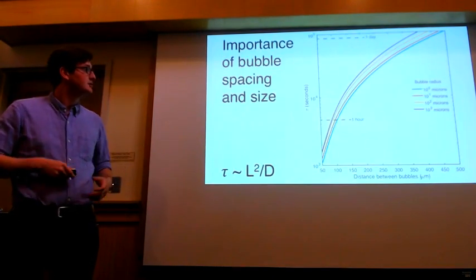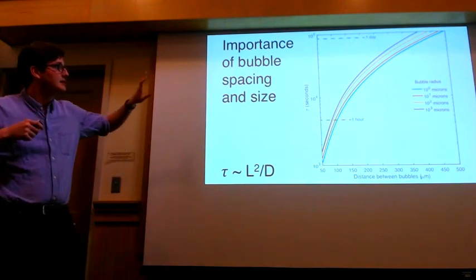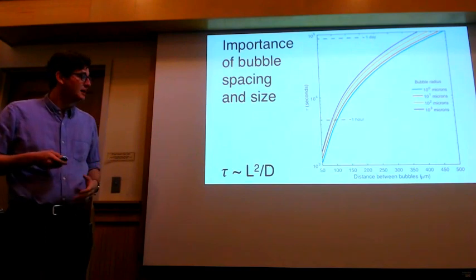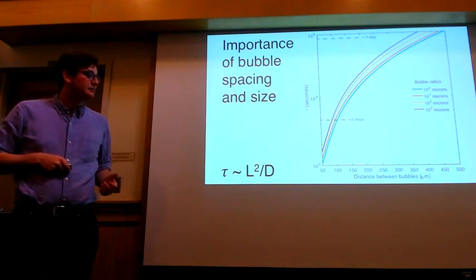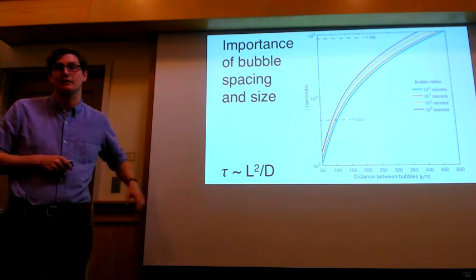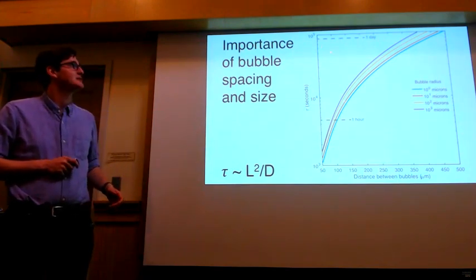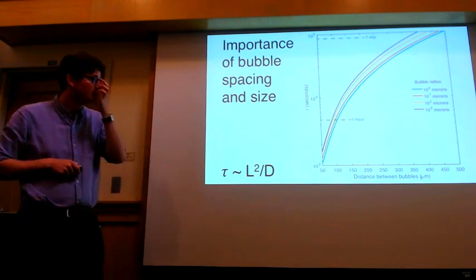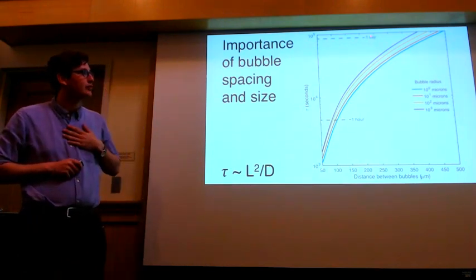So here's some results of that. So bubble spacing and size both change our equilibration time. What we found is that bubble spacing, or the distance between the bubbles, increases our equilibration time hugely. So this is a logarithmic scale here. So you have 1,000, 10,000, 100,000 seconds on that axis, or 1 hour here and 1 day up here.